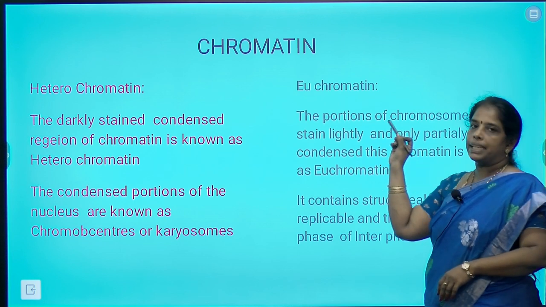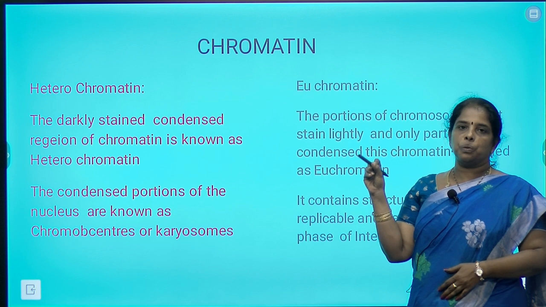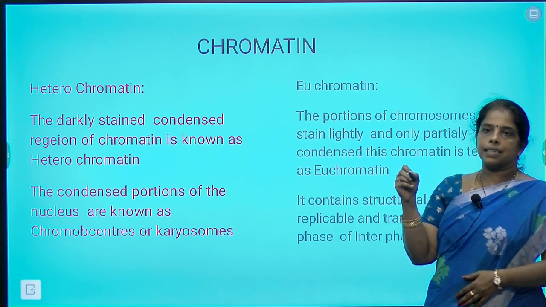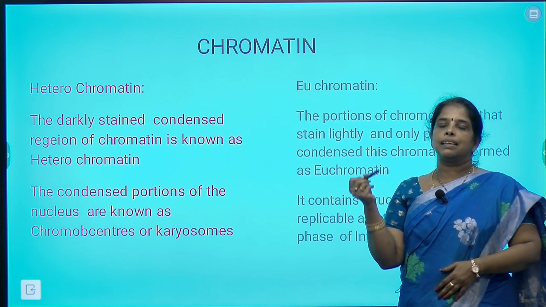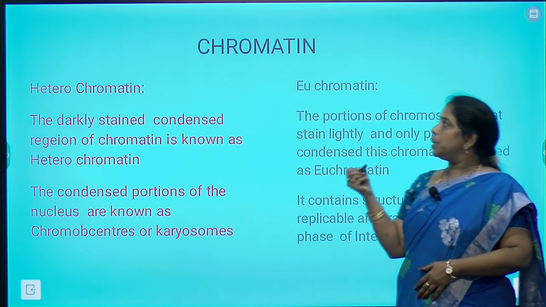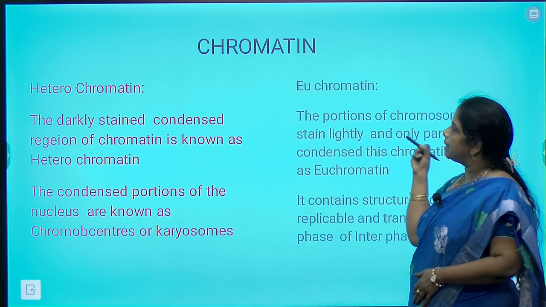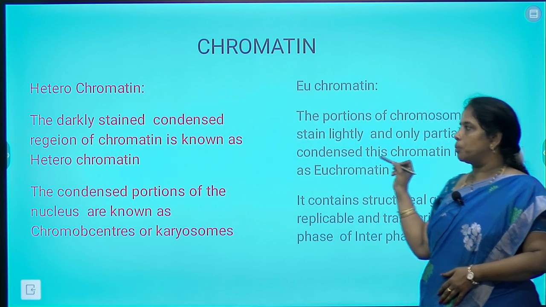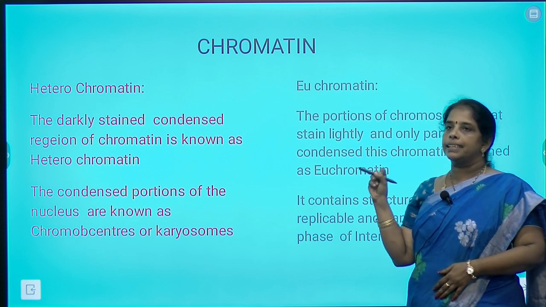Now, the chromatin material. The chromatin material present inside the nucleus during the interphase looks different in color. Some parts are highly stained and some are slightly stained. The chromatin is classified into two main categories: heterochromatin and euchromatin. Heterochromatin is the dark stained, condensed region of chromatin.